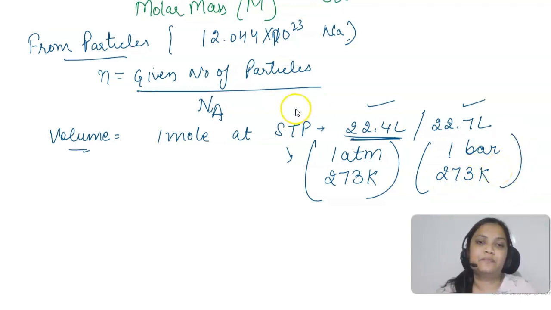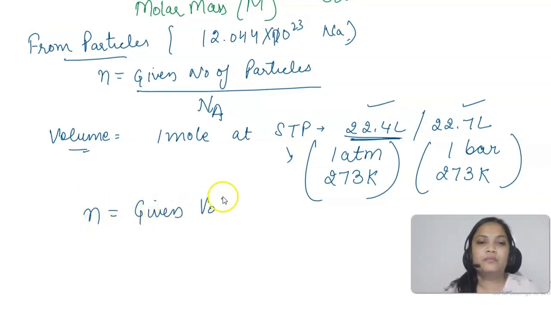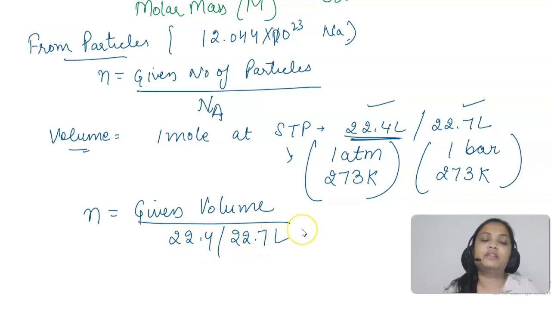This is STP. So if they ask you to calculate the number of moles in so and so liters of carbon dioxide gas, the number of moles will be the given volume divided by 22.4 or 22.7, depending on the condition given. So you will get the number of moles.